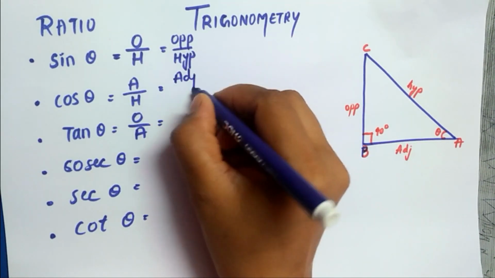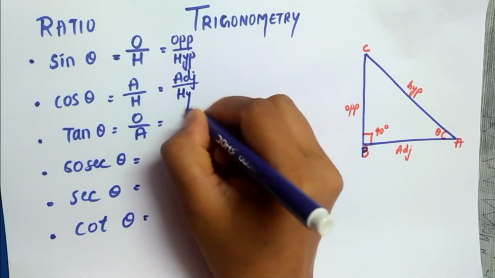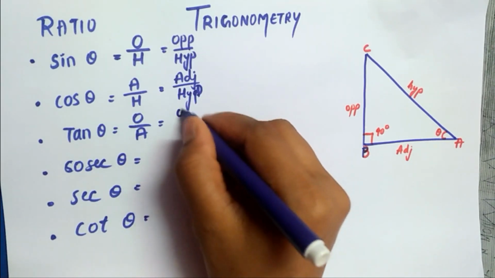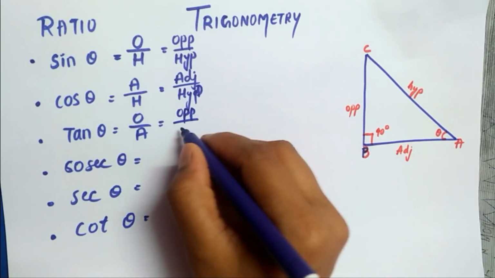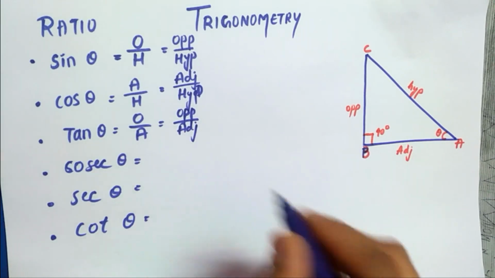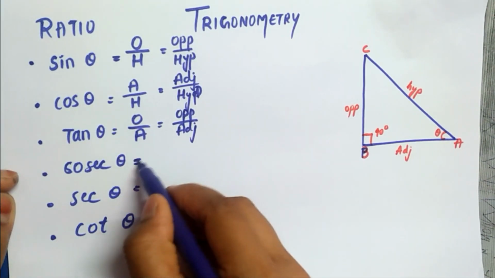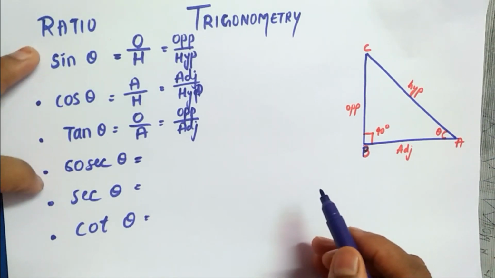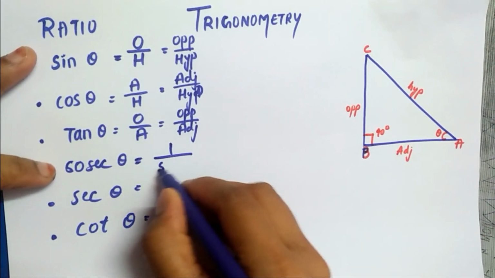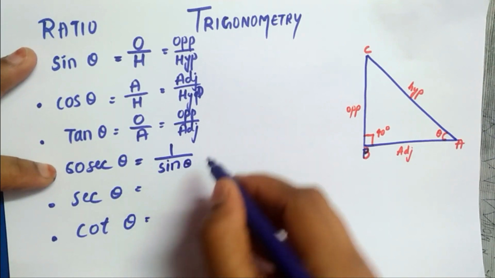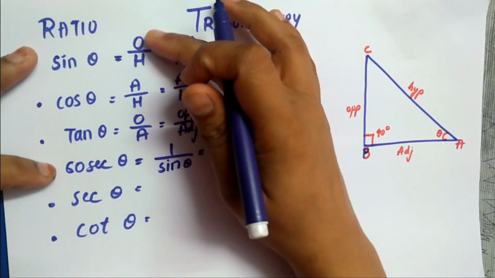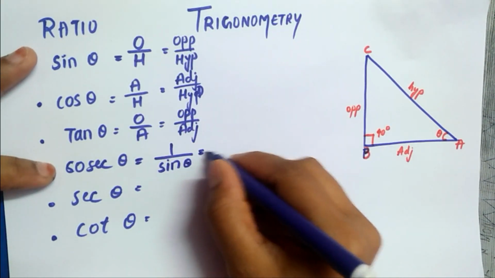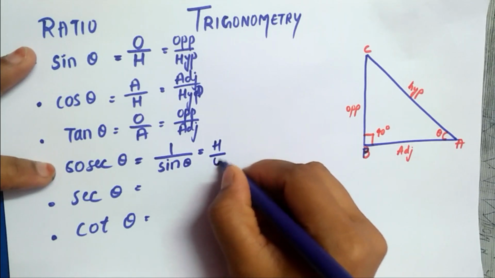A is adjacent, H is hypotenuse. So sine theta is O by H. For tan theta, it's O by A, opposite by adjacent. Now cosecant is the reversal of sine. Since sine is opposite by hypotenuse, this will be reversed. That is hypotenuse by opposite.